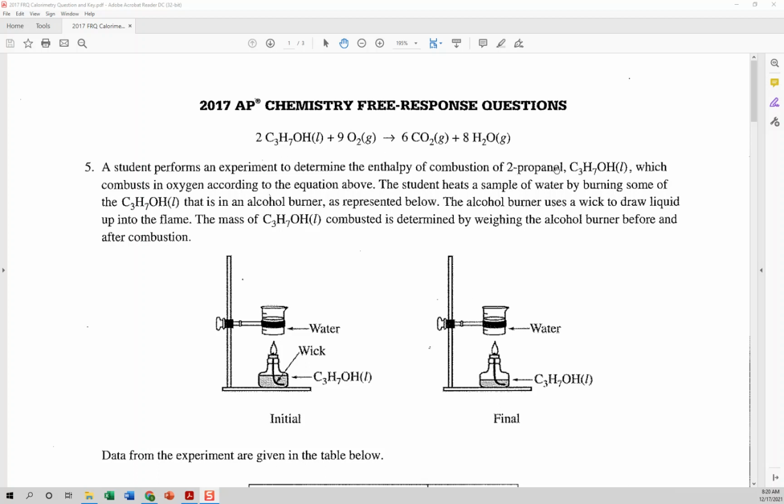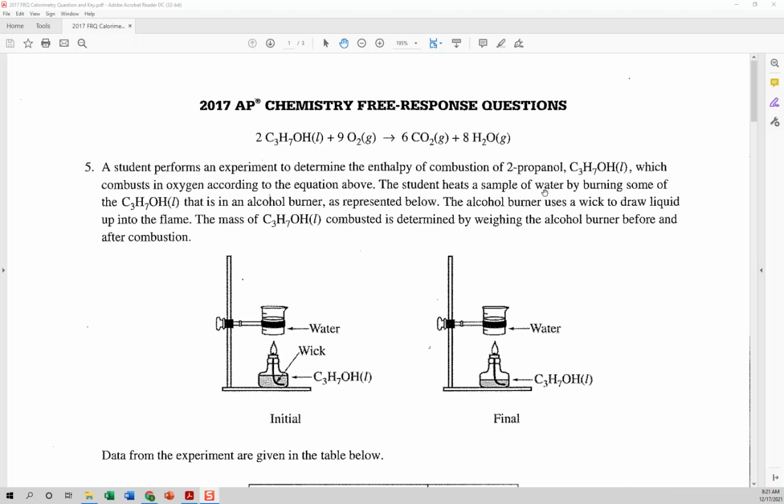That's just part of the name. It's just telling you the OH group, the alcohol group, is on carbon 2. So if you remember our organic nomenclature stuff, that's all that is. So it's just propanol. So that's the formula for propanol, which combusts in oxygen according to the equation above.